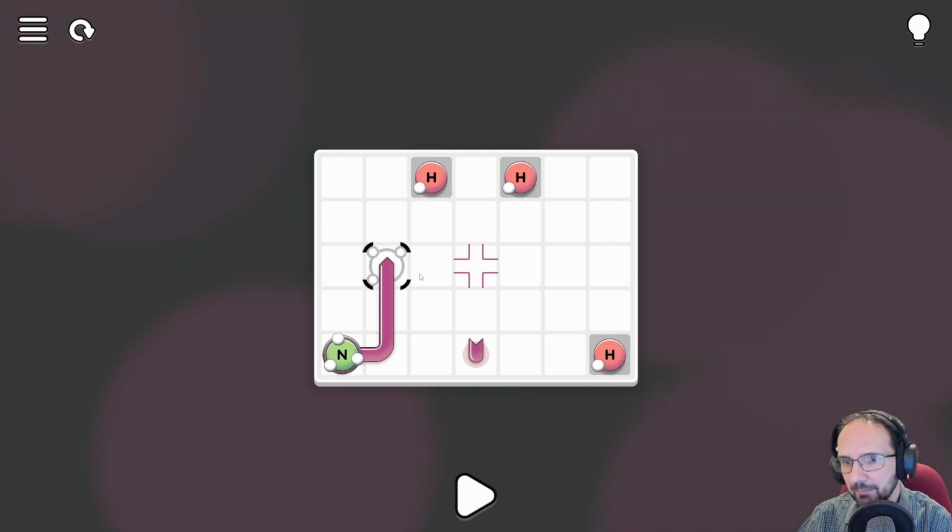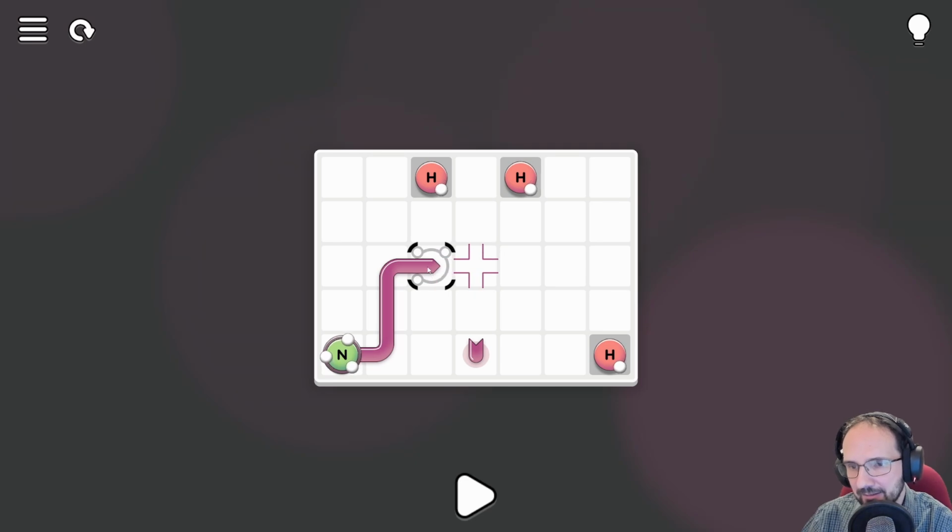Oh. We get stuck if we go in there. Oh, okay, so we've got to go through it in one direction or the other. But we can't go in and then out at 90 degrees.